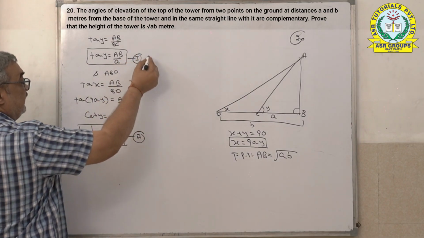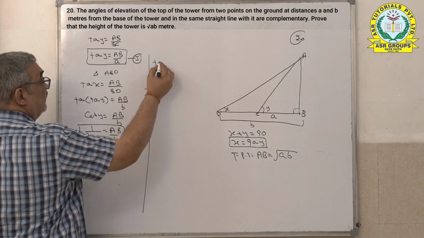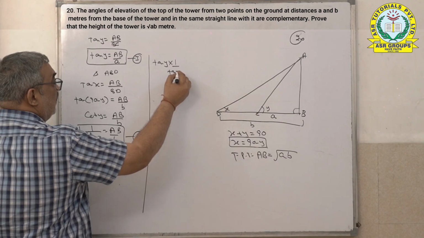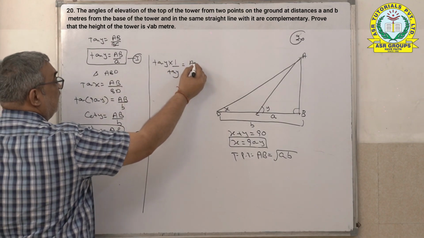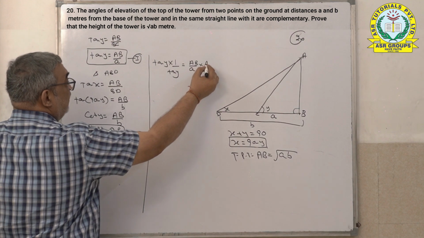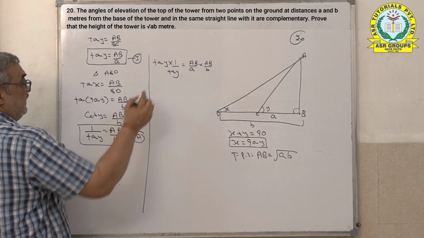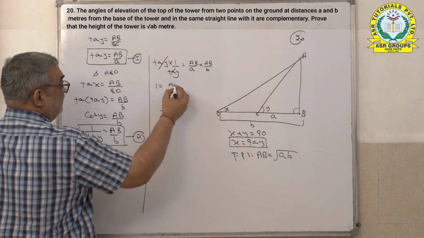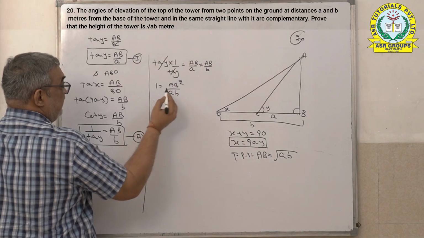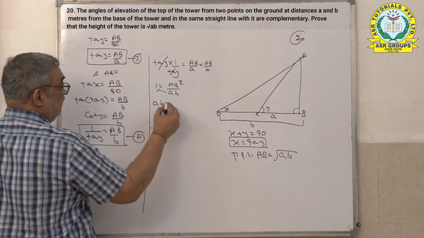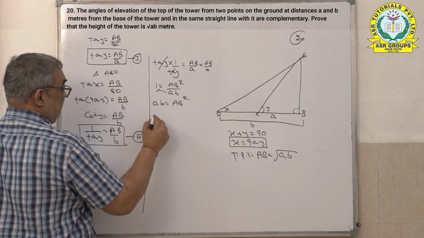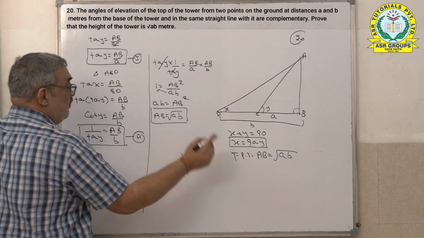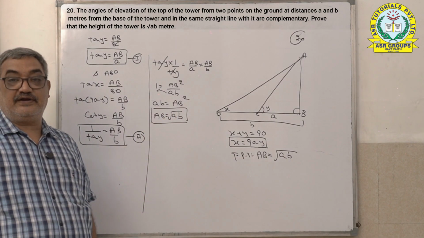Now multiply tan y into 1 upon tan y, AB upon a into AB upon b. Cancel. AB into AB is AB square upon ab. Cross multiply: ab equal to AB square. Find the square root, and that only I want to prove. Got it?